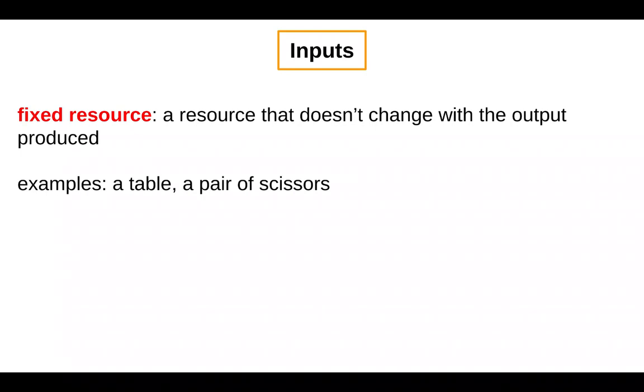So no matter how much output I produce, I have the same number of this resource. For example, maybe I'm making a product and I only have one table to make the product, or I only have one pair of scissors to make the product, and it doesn't matter how much output I'm making. That's an example of a fixed resource.